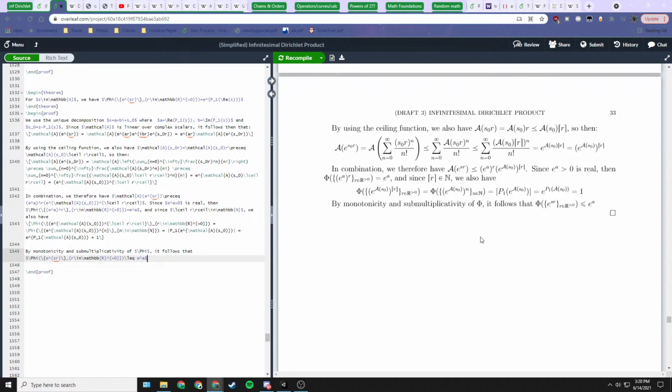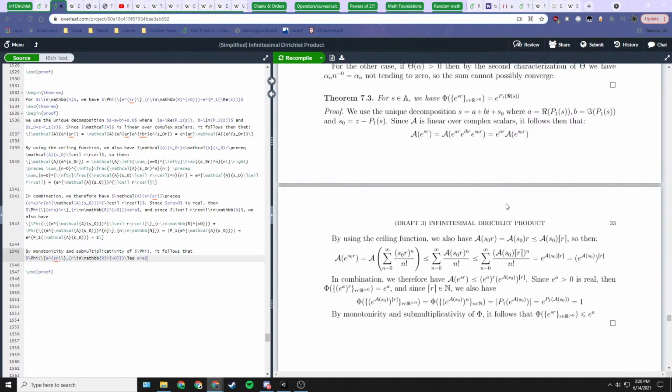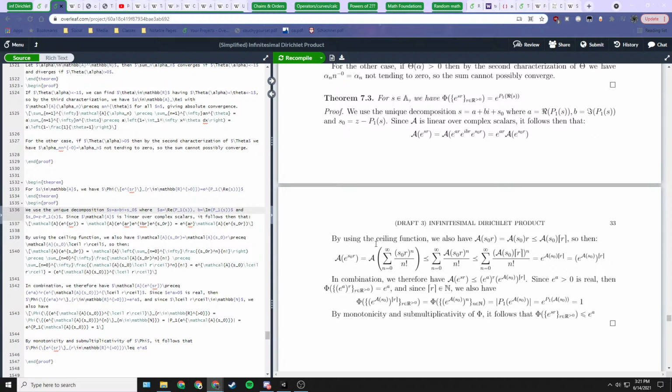Let me see if we can change this a little bit. Okay, yes, we can. Instead of doing P1 on the real part, let's do real part P1. Yeah, so we'll go back over this. I think.